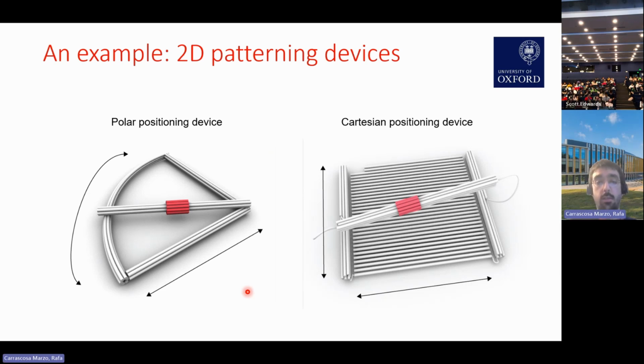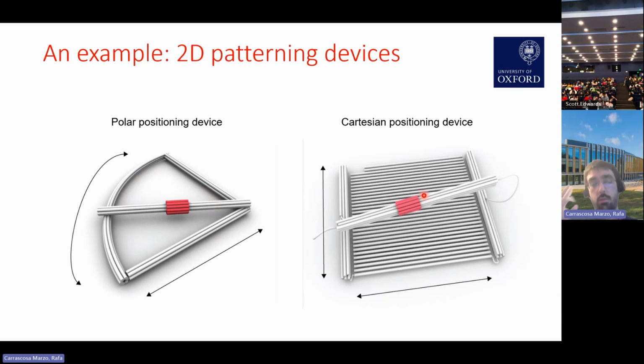So my colleagues and I developed these two different structures, where this kind of quarter of a circle with this line here, and this white line would move along this arc here, and the red bit would move along the arm of this white arm, rail we call it, and we would have polar positioning. So you would have a greater density of positions here and a lower density here.